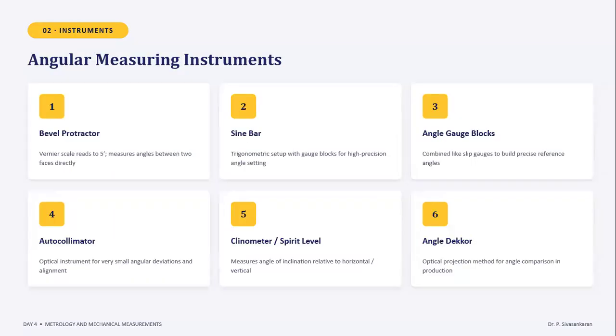Now let us examine the angular measuring instruments and their various types. The bevel protractor is used for directly measuring angles between two faces, with its vernier scale providing fine angular readings. The sine bar is a precision instrument used with gauge blocks for setting and measuring angles accurately. Angle gauge blocks can be combined in different arrangements to produce precise reference angles.